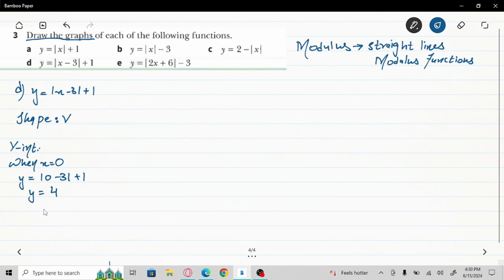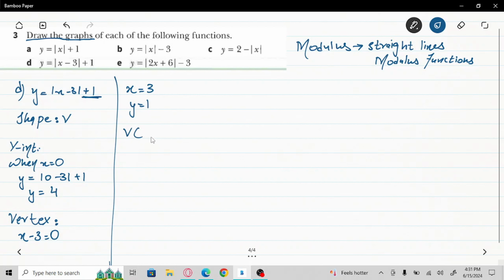Okay, so now we have to find the vertex. For the vertex, what we are going to do is take the function of x in the modulus and assign its value to be 0. So x equals 3 at the time of the vertex. So what's the y value of the vertex? Just simply write down this c value, plus 1, which is given in there. So y equals 1.